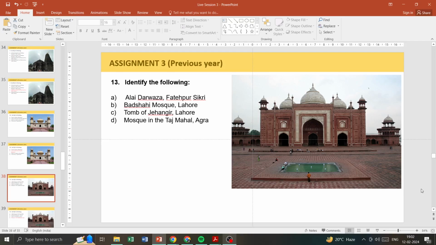And this mosque was built by Isa Muhammad, and it faces the direction of Mecca, which is holy for Muslims. And it is built in red sandstone and entirely with domes in marble, and has a lot of carvings and detailings, and even phrases, lines from Quran have been carved in these walls. And yeah, so this is Mosque of Taj Mahal, Agra.